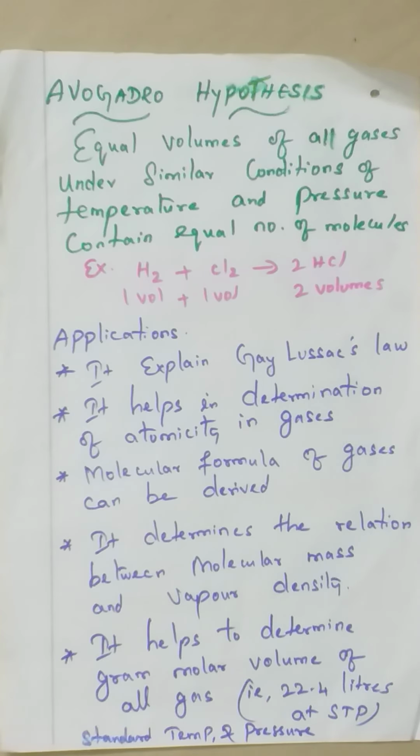Without any change in their temperature and pressure. Keep that in mind. For example, if you keep them at room temperature and room pressure, that is called standard or similar conditions of temperature and pressure, because if you change the temperature or heat the substance, definitely the molecules will be affected, moving very fast or escaping from the container.